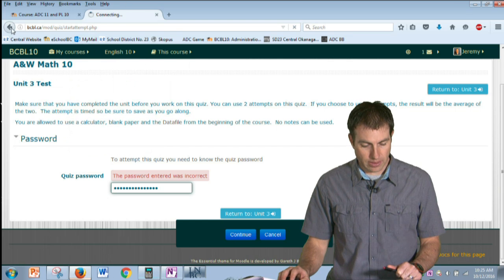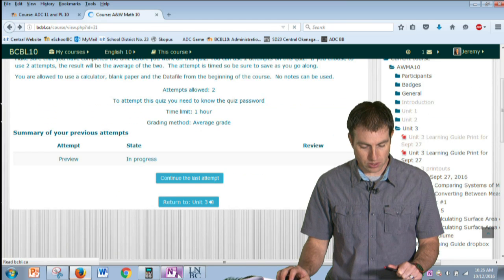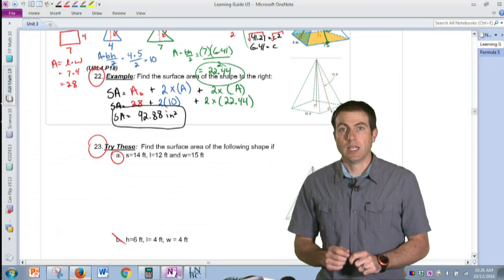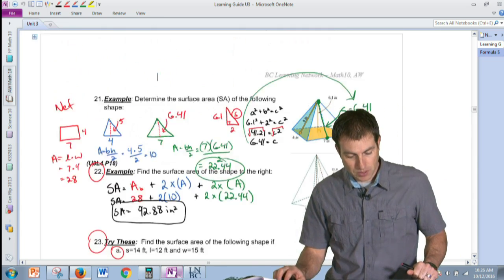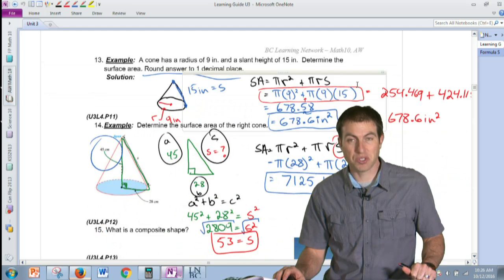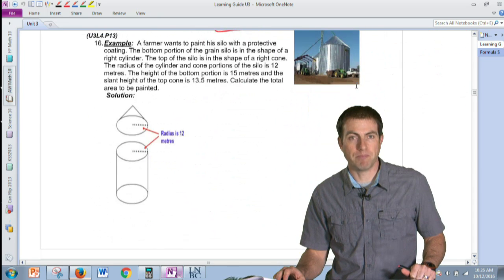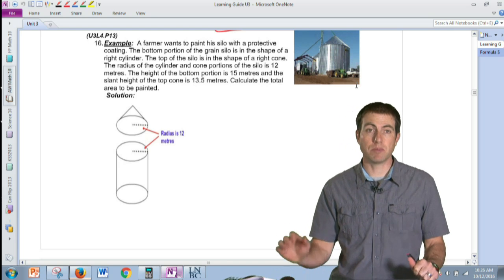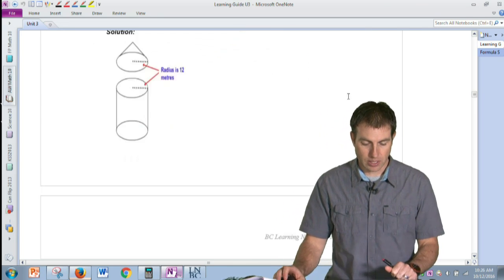Before we get there, we need to finish up this unit anyways. So let's jump over to the learning guide. This is the learning guide for Unit 3. We've gone through volume and surface area type questions. We dealt with some composite shapes, so two shapes combined together, a cone and a cylinder, like the example behind me here.